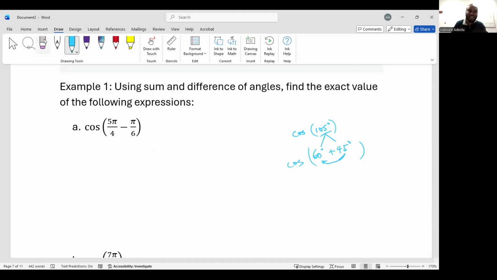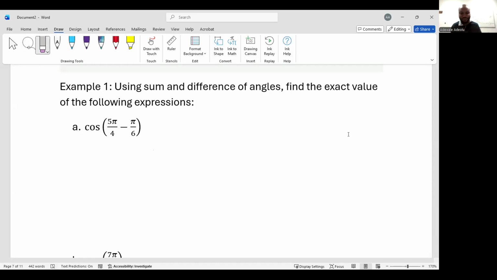So that is why this method is important. In a way, this method allows us to find the cosine, sine and tangent of some angles, not all angles, that we cannot find on the unit circle.